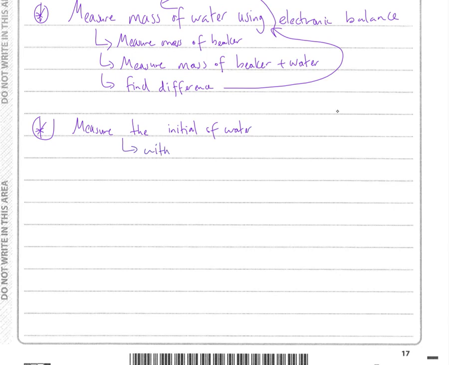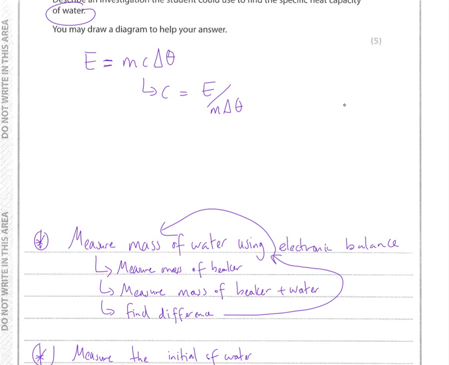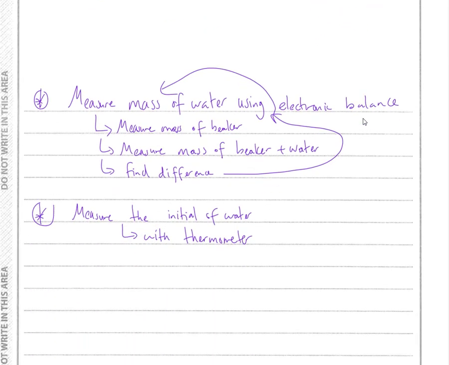With a thermometer. Okay, good. So I can add the little diagram there as well. I've got my beaker with water in it and my thermometer in it, to measure the initial water temperature.